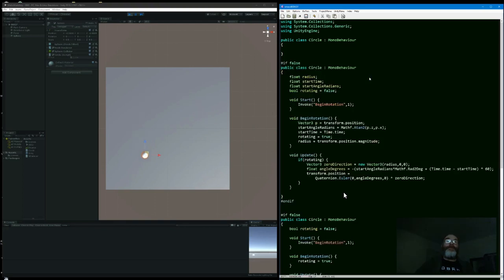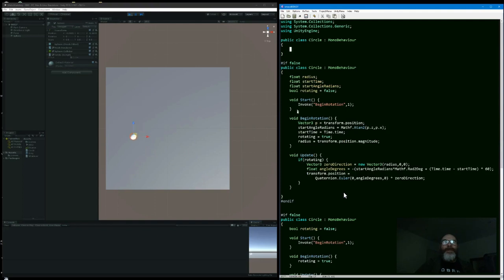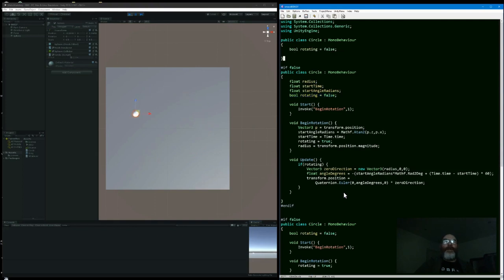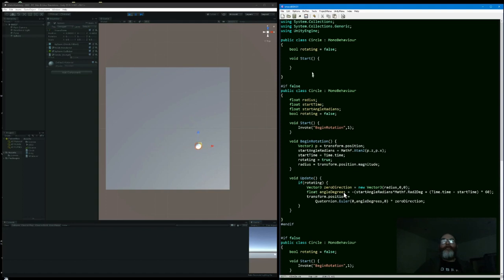I know I have a position where I'm going to keep in the rotating thing, because this is the workaround for Unity's annoying habit, so I do the invoke after 1 second.